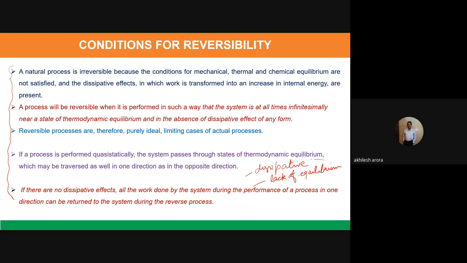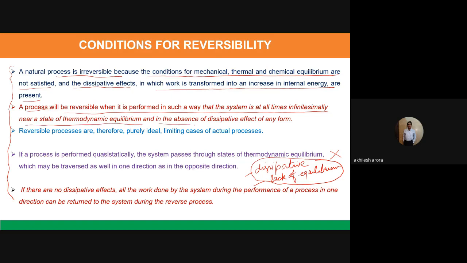If somehow we can make the process take place without these two things, then that process will become a reversible process. A natural process is irreversible because the conditions of mechanical, thermal, and chemical equilibrium are not satisfied, and the dissipative effects in which work is transformed into an increase in internal energy are present. A process will be reversible when it is performed in such a way that the system is at all times infinitesimally near a state of thermodynamic equilibrium and in the absence of dissipative effects of any form.